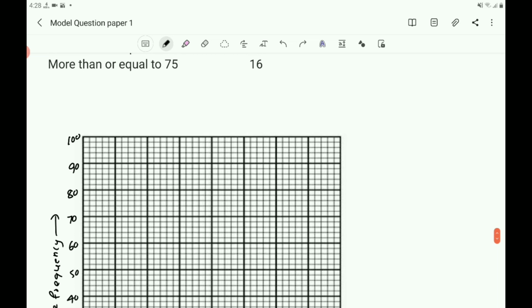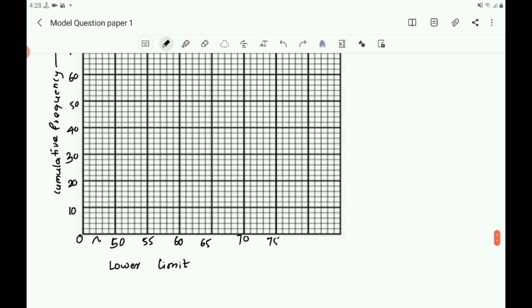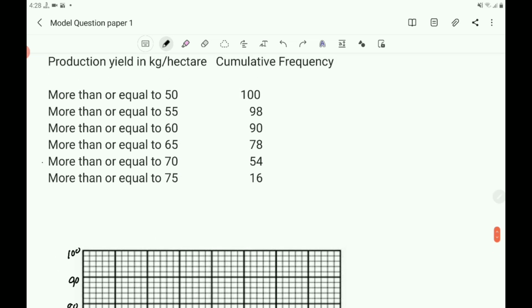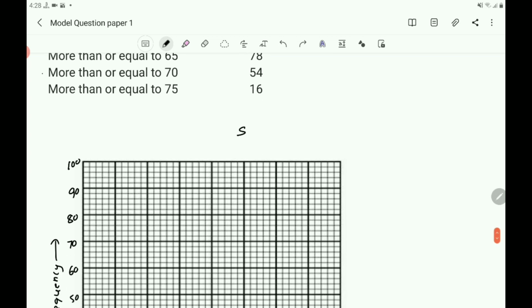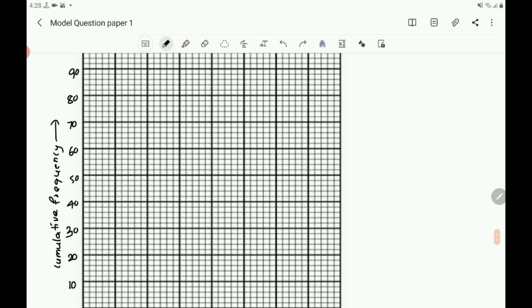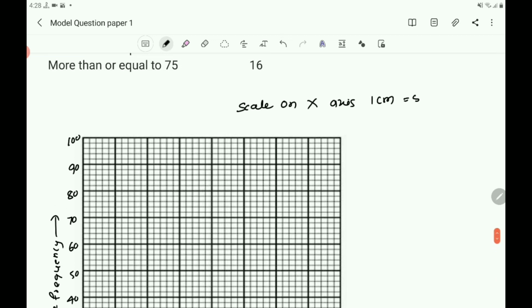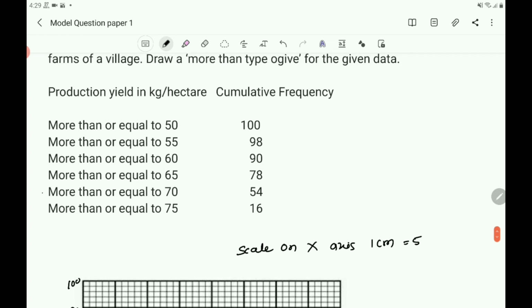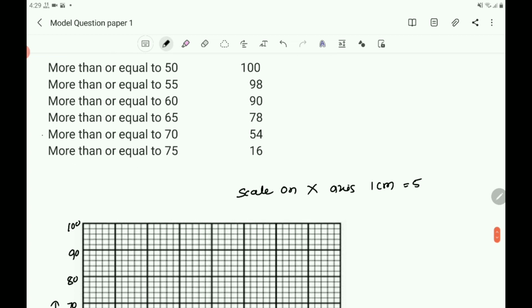Production of wheat. Now first one is 50, you take 100, but here you write the scale on x-axis, that is 1 centimeter equals how much you have to take? 50 to 55, that is 5 kg.